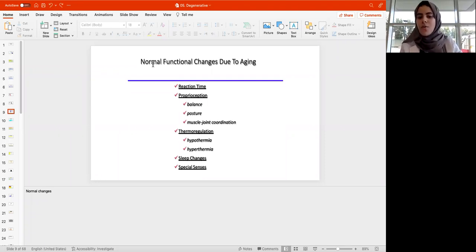This is why he's telling us these things now. You need to differentiate between a patient coming to you with normal functional changes due to aging and a patient coming to you with severe or subtle signs of dementia. It's normal for an elderly person to have sleep changes, problems with thermal regulation, posture imbalance, and these sorts of things.